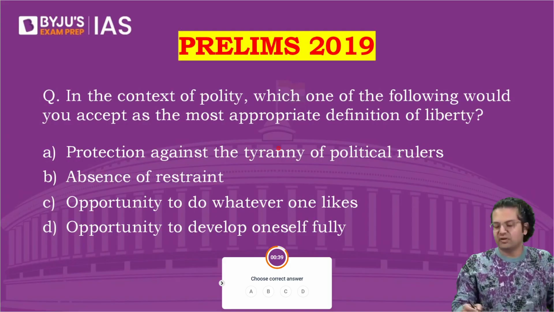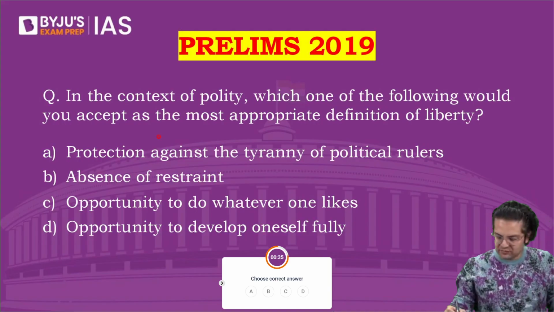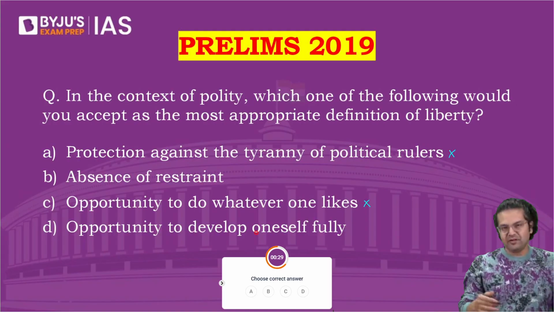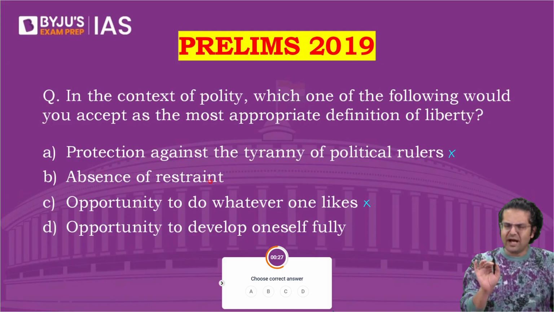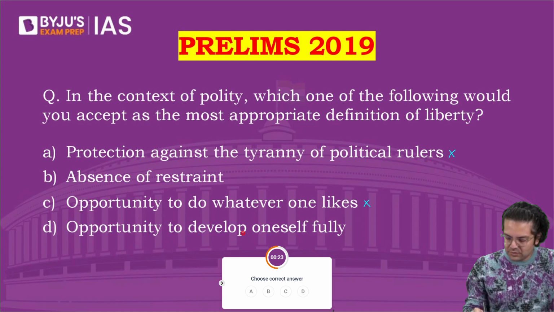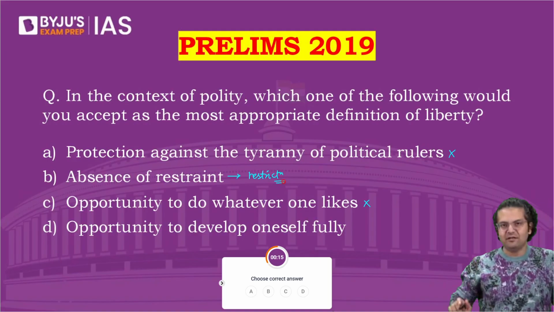Accept as a most appropriate definition. So see, these two are not definitions of liberty, but B and D. So tell me, absence of restraint, is it a very appropriate definition of liberty? Don't we have restrictions on people? If there is no limit on you, that means unfettered freedom.